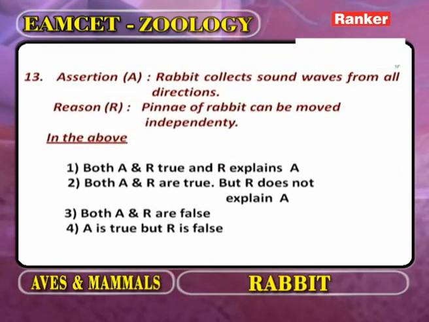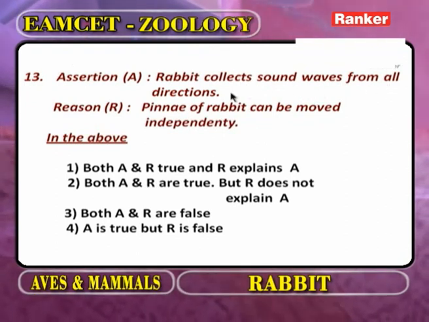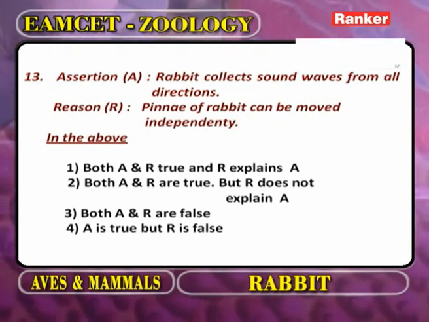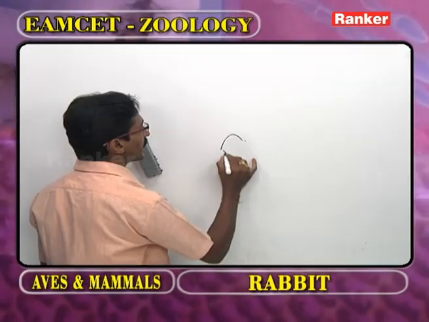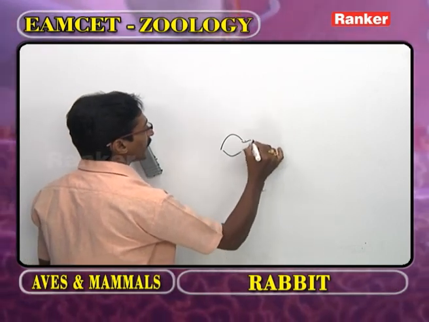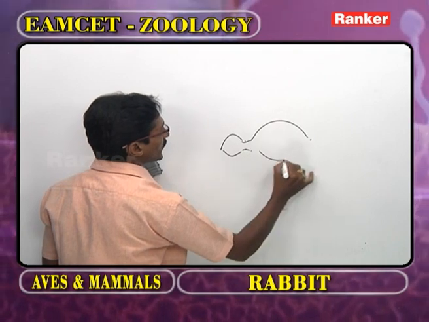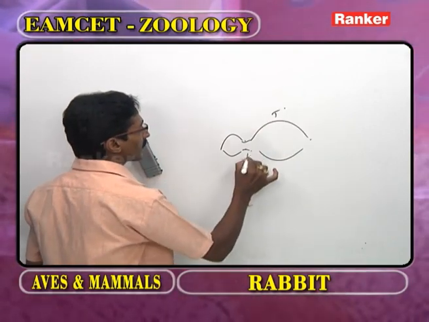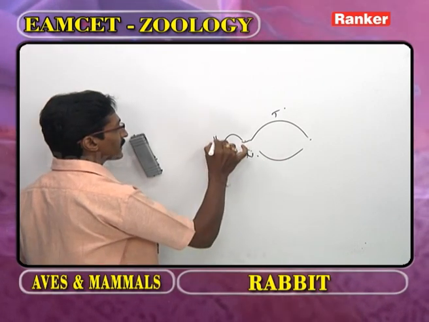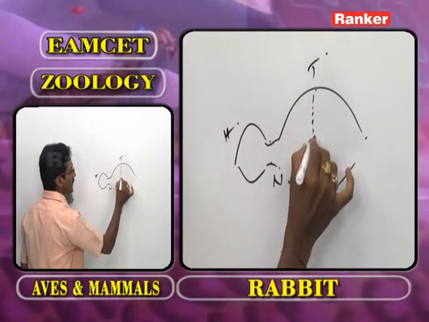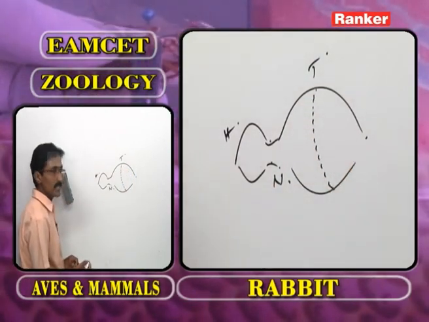Assertion. Rabbit collects the sound waves from all directions. Now, as we observe the general body plan of rabbit, this part we call it as the head of rabbit. This is the neck, and this part we call it as the trunk. The trunk is classified into two regions.